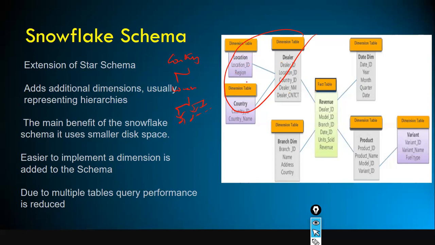But the challenge you will face while using the Snowflake schema is that you need more maintenance effort because of the more lookup tables. What Microsoft recommends is to use the star schema wherever it is required.